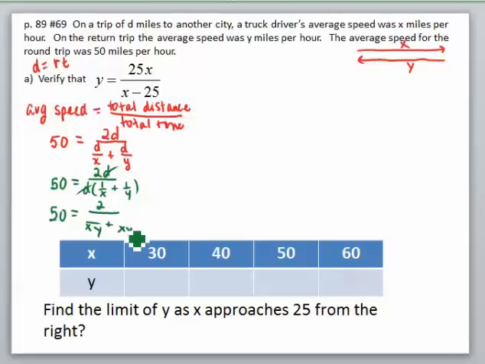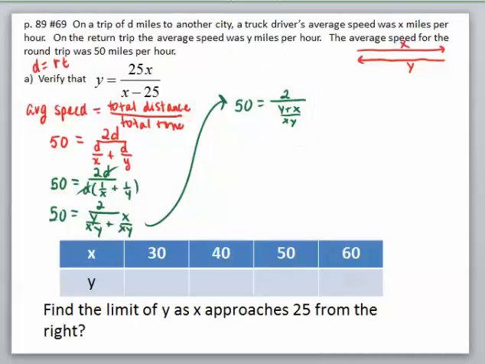So I'm going to have XY be my common denominator, so that means I have Y plus X here on top. Now what I'm going to do is put those together, and I'll come up here to do that. So now I have 50 equals 2 over Y plus X over XY.